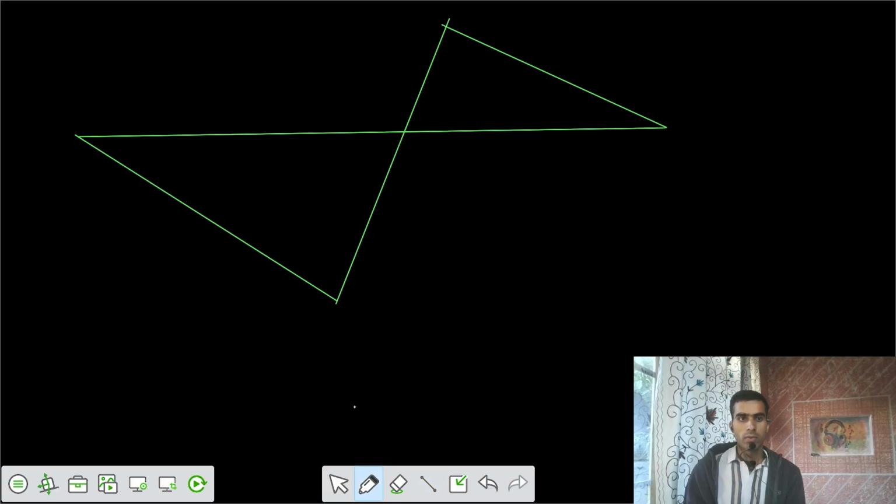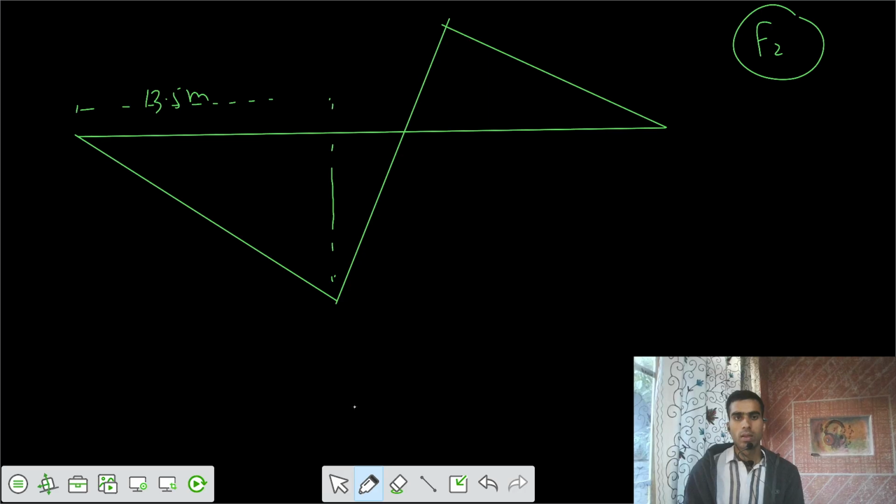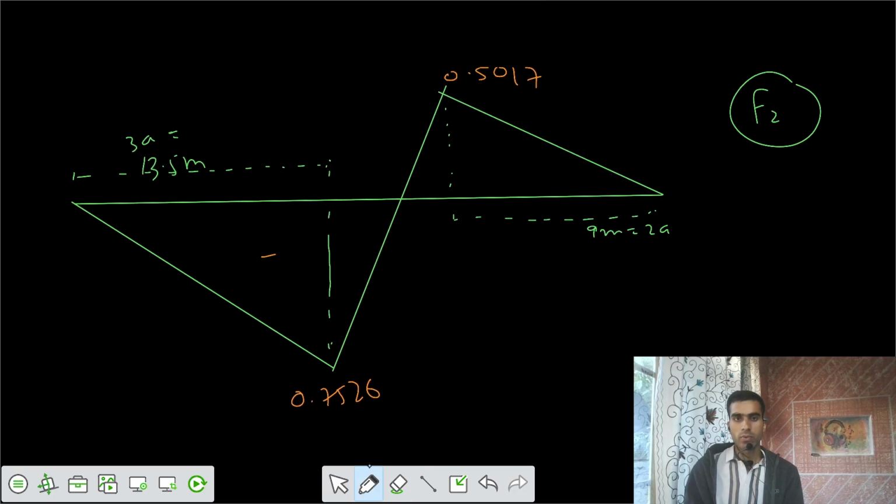This was 13.5 for the calculations of F2, up to this peak, and from the side up to the peak the length is 9 meter. That is 2A, and this was 3A, and one A is between these two. The ordinate here we have calculated was 0.7526, and from the side we have an ordinate of 0.5017. This was the negative diagram, and this was the positive diagram.